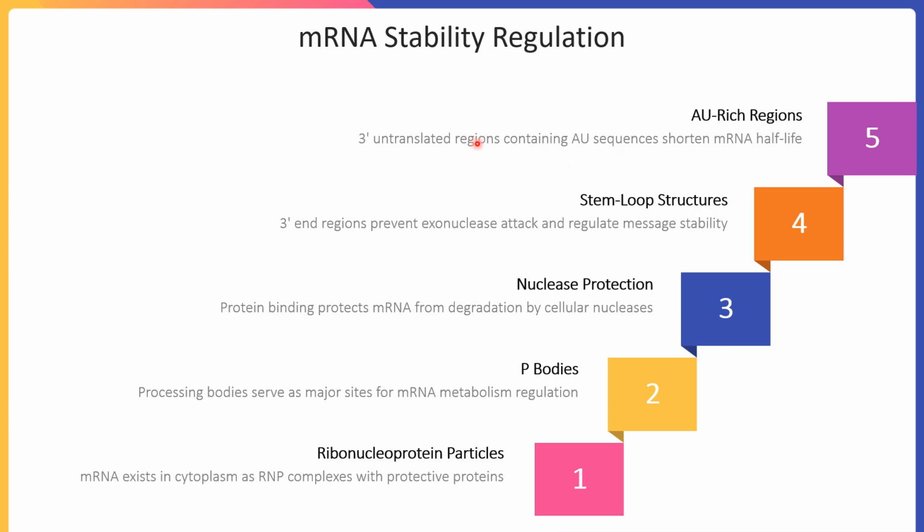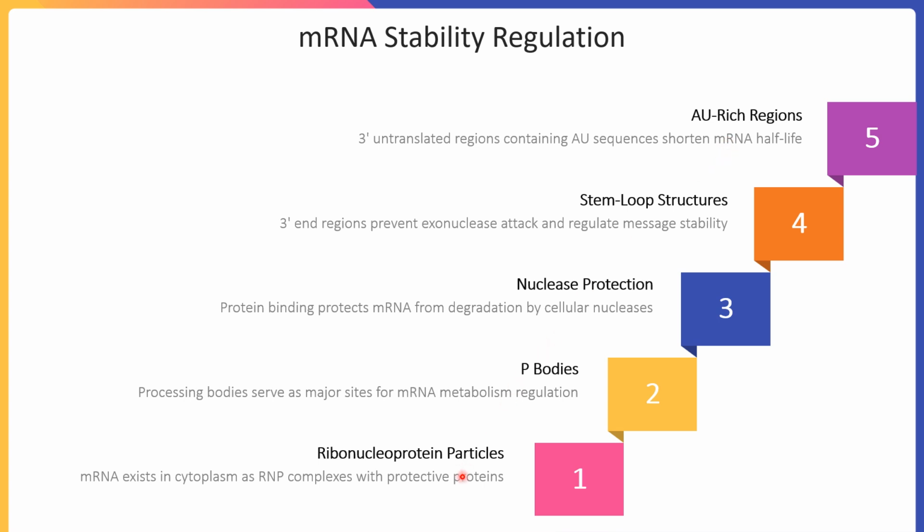And also the 3' end untranslated region containing AU sequences, adenine uracil sequences, shortens the mRNA half-life. So if at the 3' end there is a larger amount of this AU sequence, then that mRNA will become degraded soon. It will shorten its half-life.